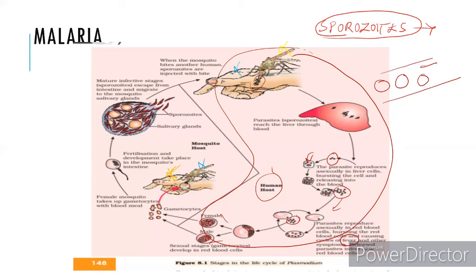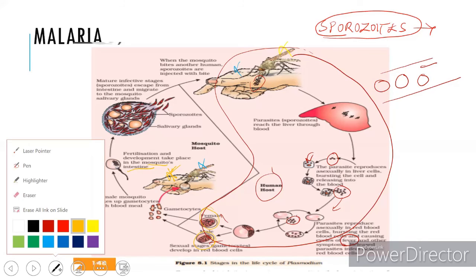This healthy mosquito, when it bites this human being, takes up the sporozoites from the blood, and the male and female gametes fuse in the gut or intestine of the mosquito.